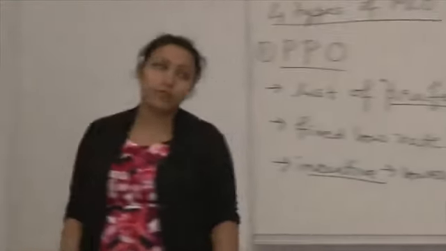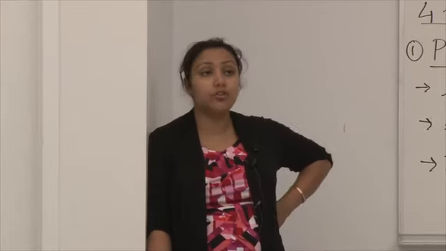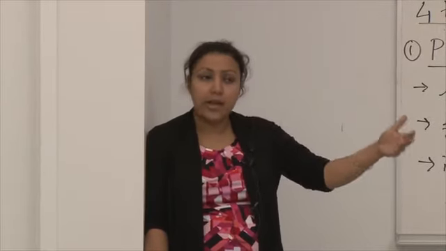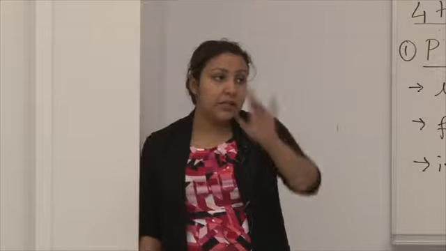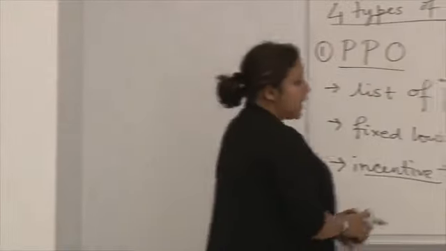So for in-network physicians you have lower user charges, and for out-of-network physicians you have higher user charges. In that sense, there are financial incentives for the patients to visit the preferred providers, and financial disincentives to visit someone out of network, okay? But please note that there are no restrictions. The organization is not restricting you from going to anybody of your choice who may or may not be on the preferred list, okay?